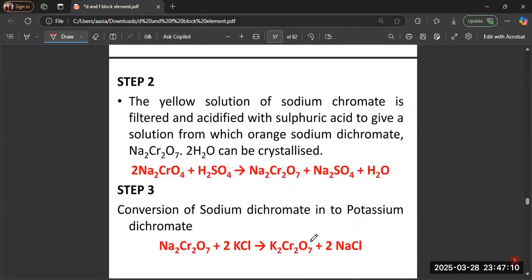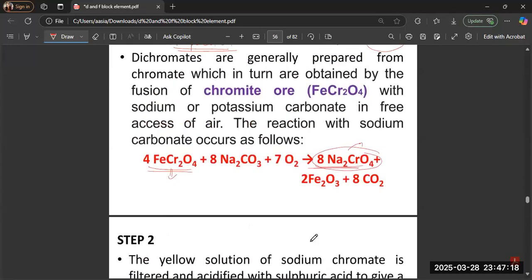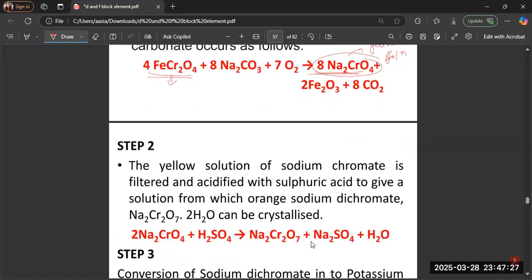So this is the first step. What is the second step? The yellow solution of sodium chromate is filtered. You will get the yellow solution over here.